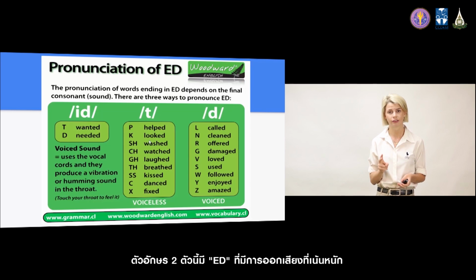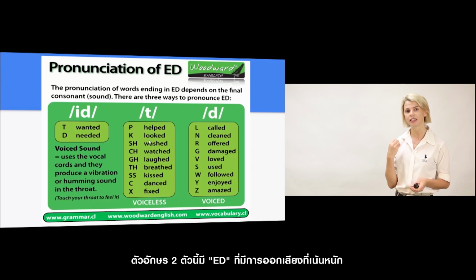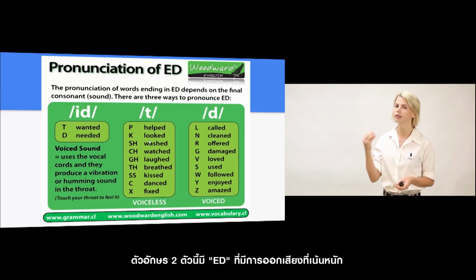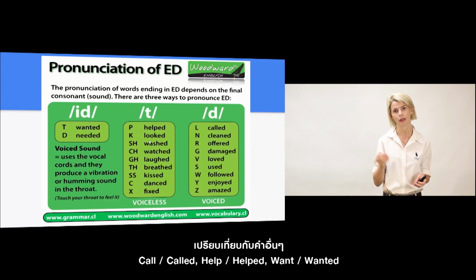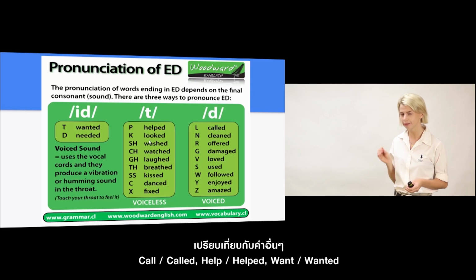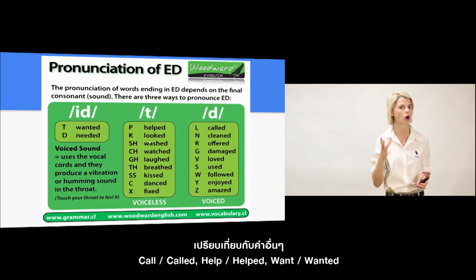These 2 letters are the only 2 letters that need a strong ED sound after them. The other ones are much smaller. Called, small sound. Helped, small sound. Wanted, stronger sound.